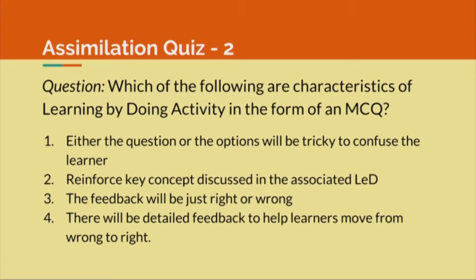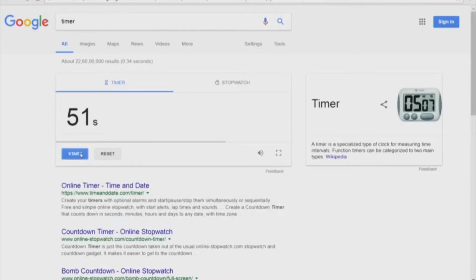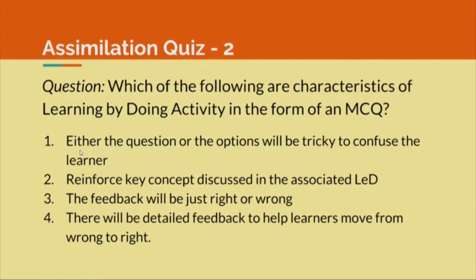Okay, let's do another question. Which of the following are characteristics of learning by doing activity in the form of an MCQ? Okay, so I'll give 50 seconds to answer this. So if you have thought about it, you can raise your hand, a show of hands.